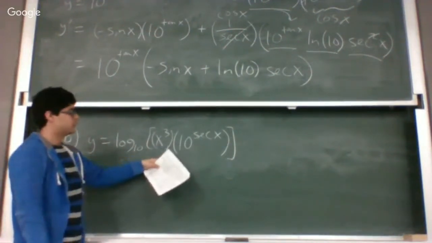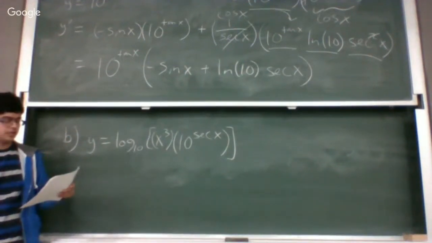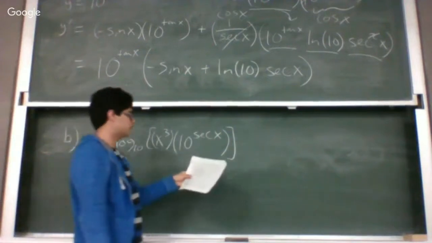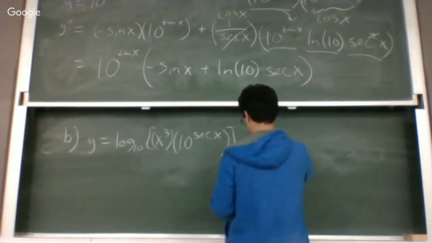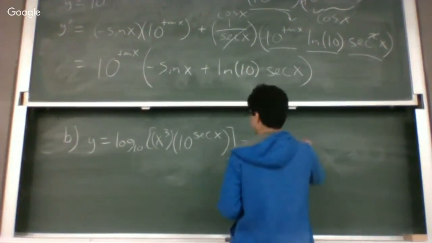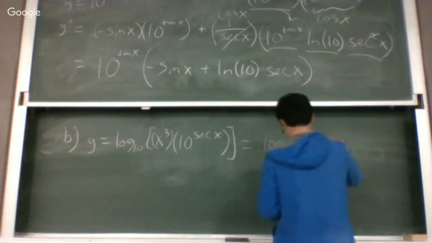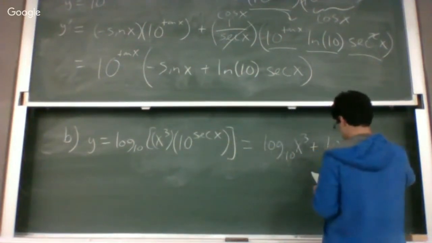These are being multiplied. Well, this is to the base 10, but these are being multiplied. So the first thing we can do is break them into separate components, and then we can use that other property. So it's log base 10 of x cubed plus log base 10 of 10 to the secant x.